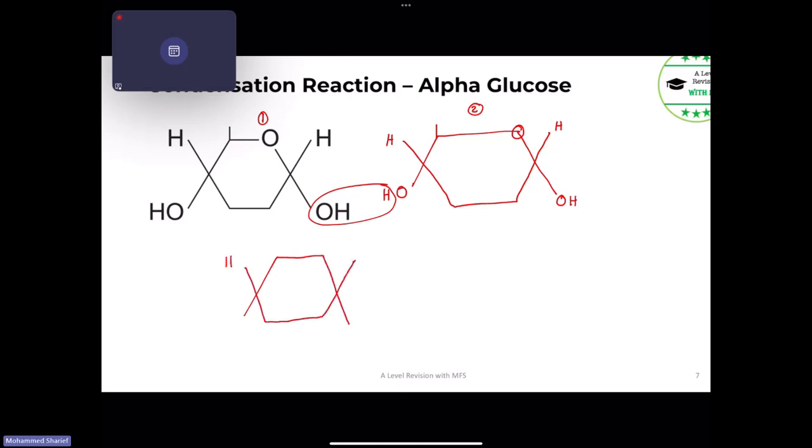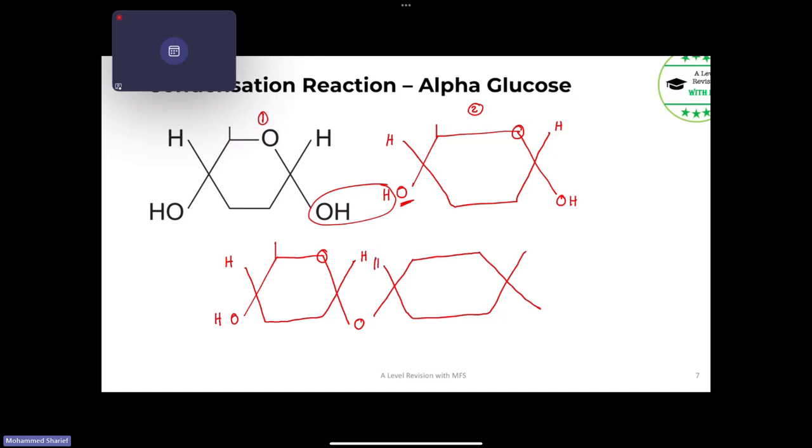Okay, so we're going to have the H, OH as normal, oxygen as normal. We're going to have the H as normal, but instead over here, because we've released a molecule of water, we're just going to be left with the O over here because we've got the O from here. Okay, and this is just going to be normal.